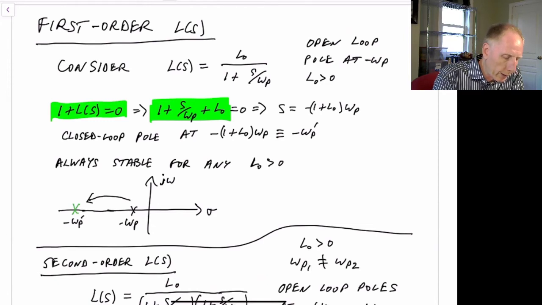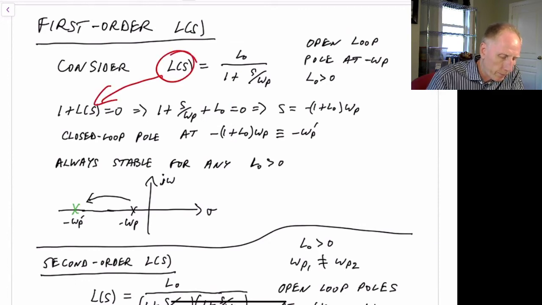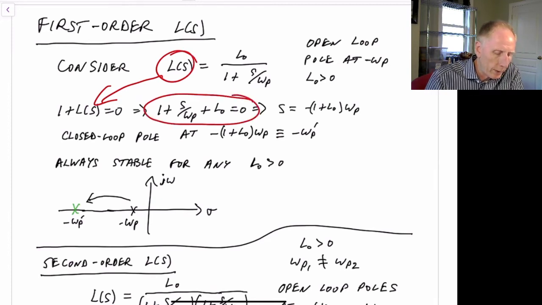If we take L(S) and substitute that in here, it's equal to 0, so we can multiply the top and the bottom by 1 plus S over omega P. We end up with this equation here: 1 plus S over omega P plus L naught is equal to 0.